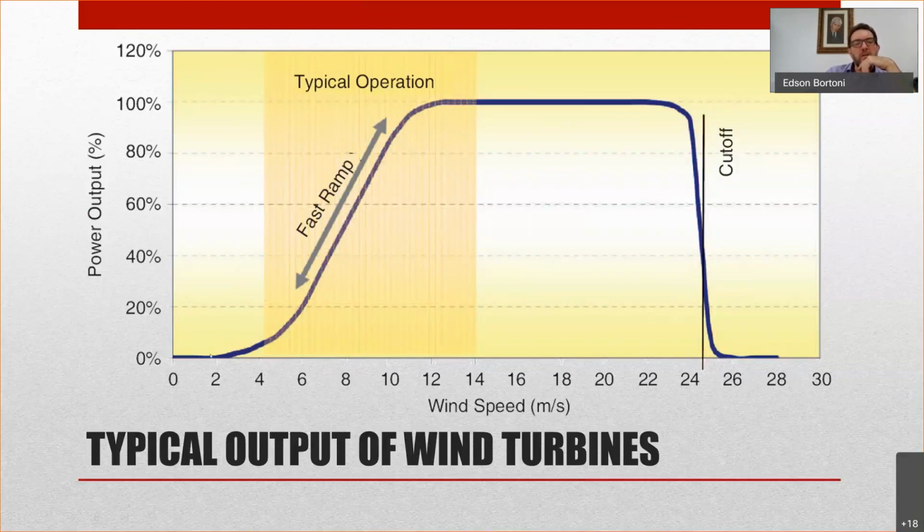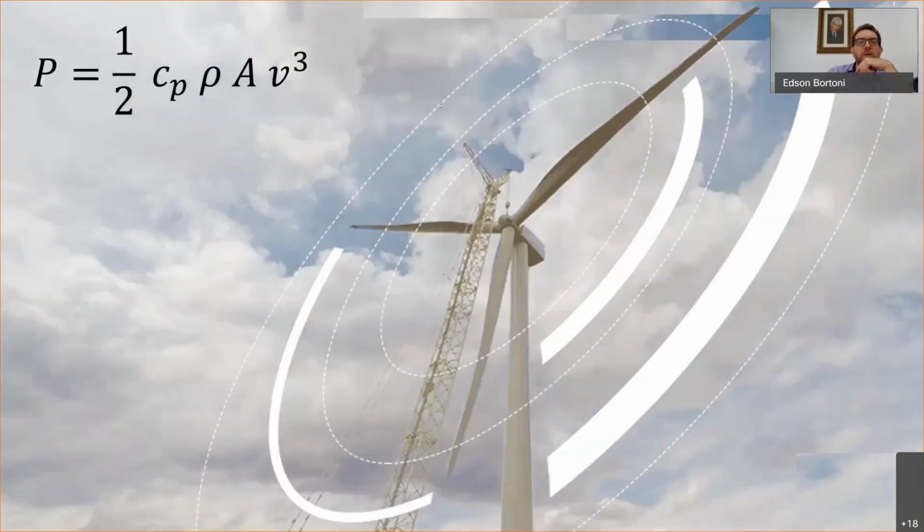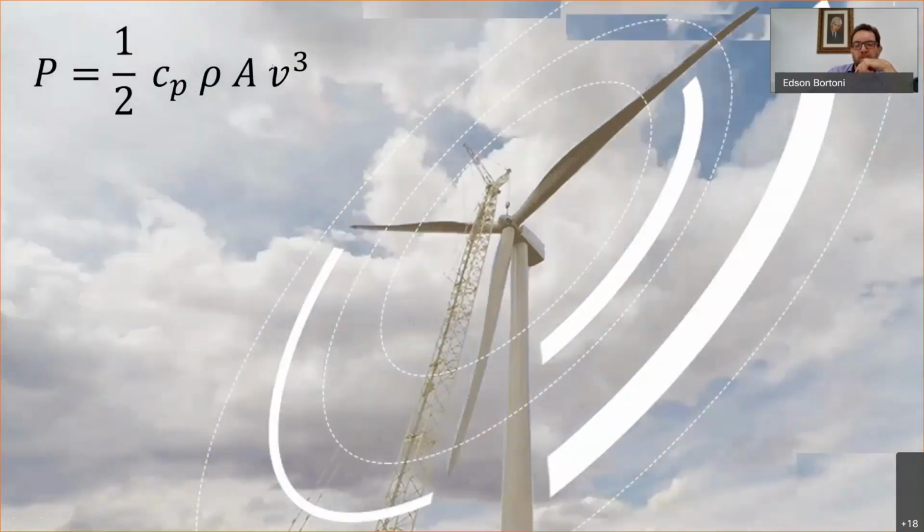What do we see here? There is a wind speed at which the generator doesn't work. In this case, when we have less than 2 meters per second, it is not possible to make the generator run. And as the speed increases, the power increases at the cube rate of the velocity.